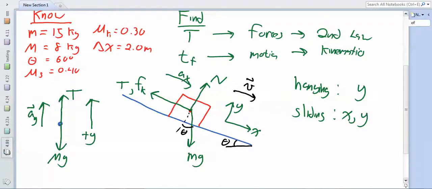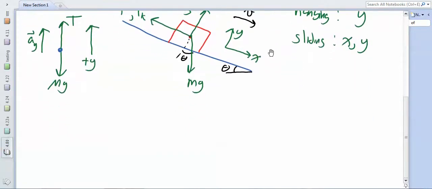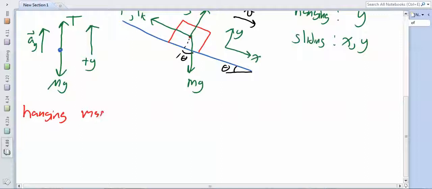Let's do the simpler parts first. Let's start out with the hanging mass, and we'll consider its forces. We're going to use Newton's second law to solve for both of the objects, so we'll just write down the textbook version, a equals F net divided by m.